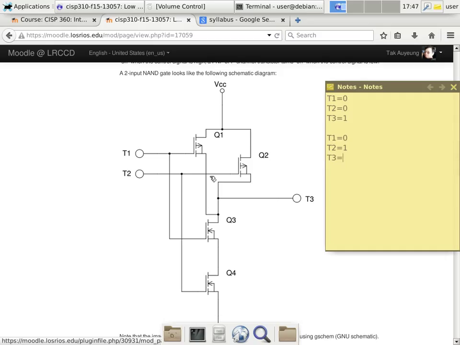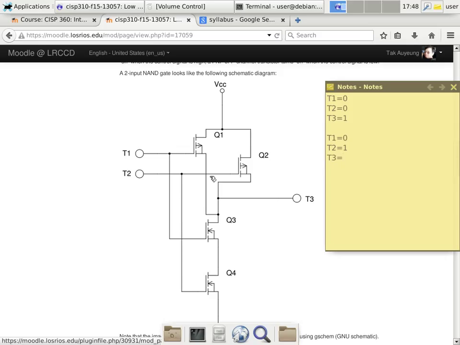Is that okay? Q2 connects to T2. It is high, so that means Q2 is going to be off. There's no connection here. Do I need both connections to get to VCC? No, because they are parallel circuits. So only one completion will connect the output to VCC.